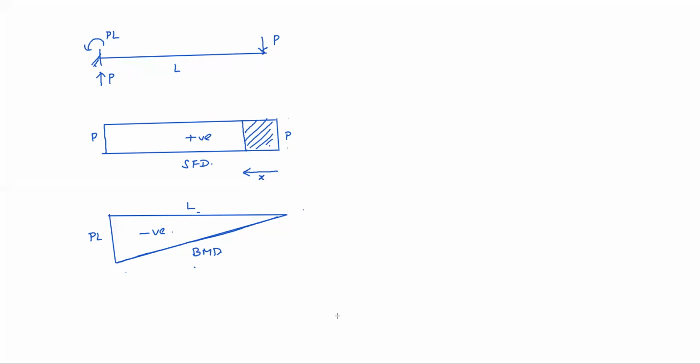So you can see one more problem. Suppose two point loads are there like this: 10 kilonewtons, 5 kilonewtons, 2 meters, 2 meters. So the total reaction is 15. The moment is 10 into 2, 20, plus 5 into 4, 20, so 20 plus 20, 40.